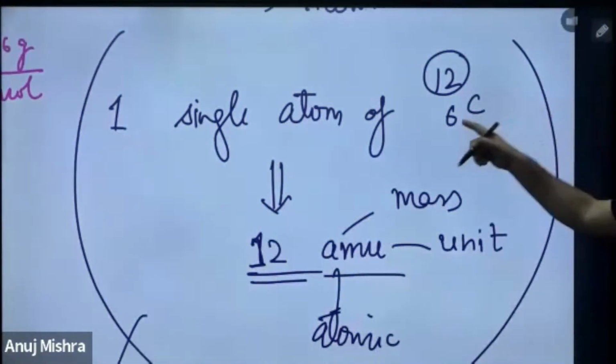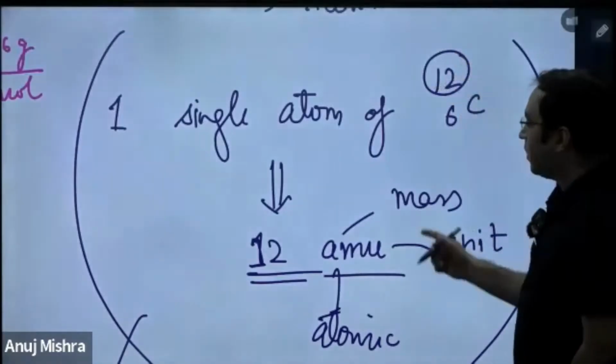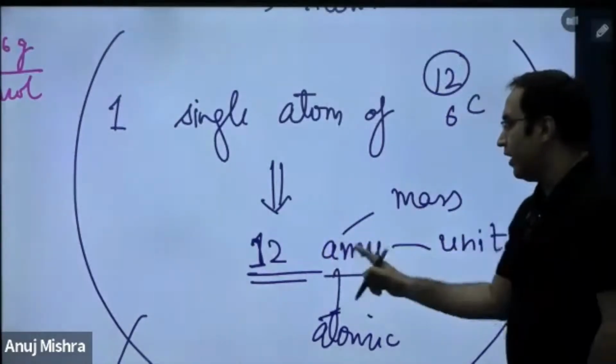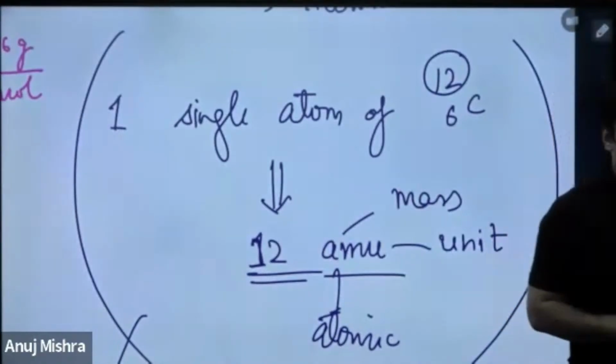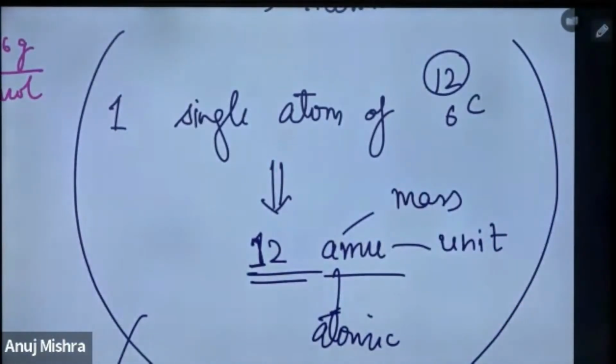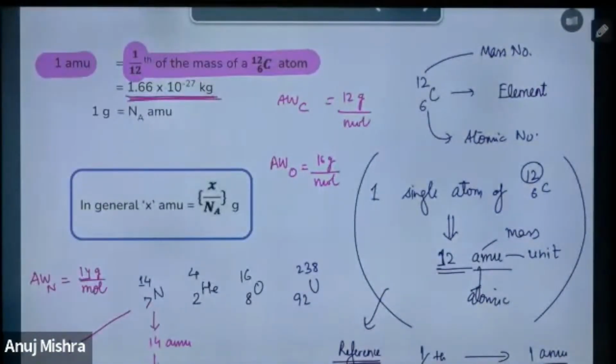Single atom 6C12. This 12 is what? This is called the mass number, and 12 atomic mass units will be its mass. Fine. Atomic number is first: 6 is the atomic number, 12 is the mass number.